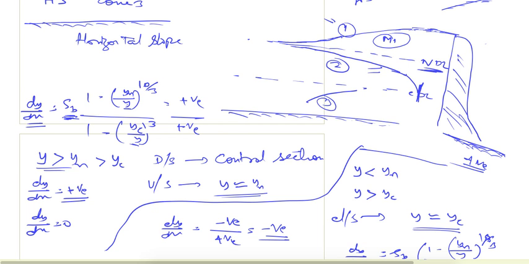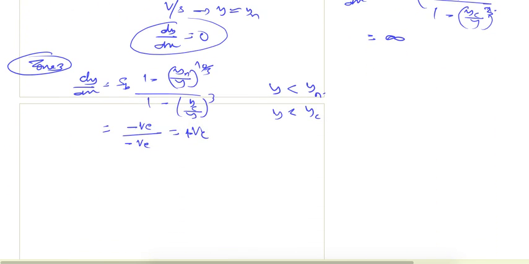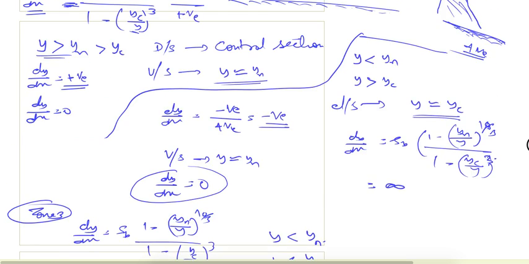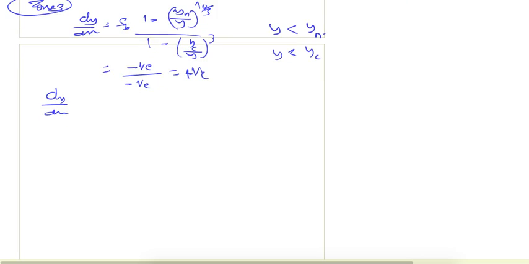Now what will happen in the downstream? Now we can generalize one thing. If the flow profile is going to meet the CDL, so here in the downstream, if it is a rising profile, at some point it will meet the CDL line. If the flow profile is meeting CDL, which means y is becoming equal to yc, at that point dy by dx will be again infinity.